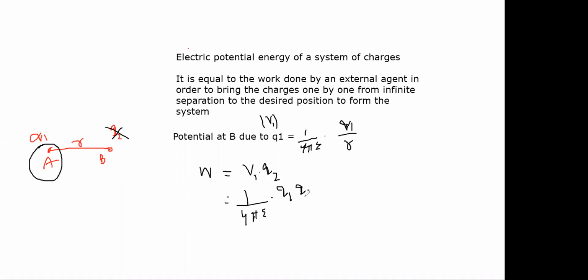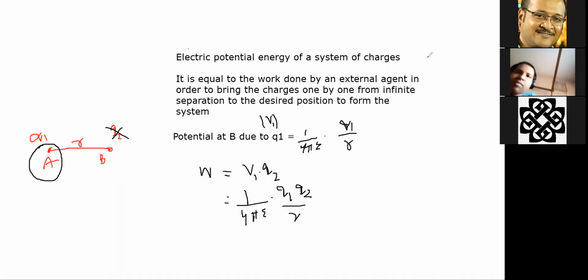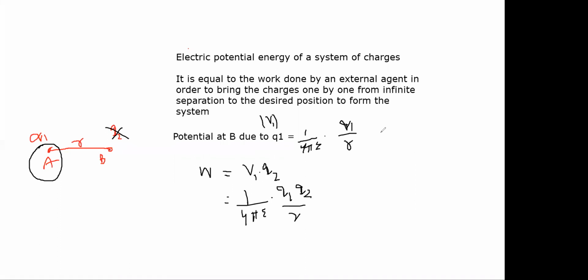One important thing I must tell here: if you remember, the force between two charges F was given as 1/4 pi epsilon Q1 Q2 by r square. And what is the formula for work done? Work done is force into displacement.